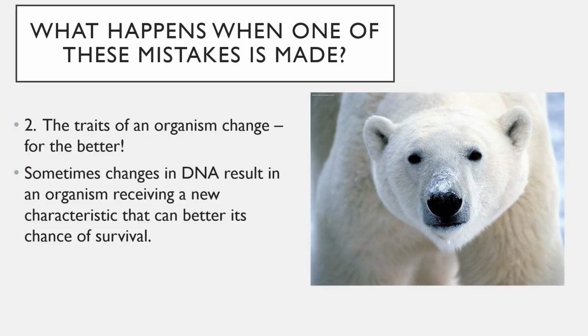Okay? For example, polar bears never used to be all the way white. They used to be brown. They deviated from brown bears a very, very long time ago. But when one of the polar bears had this white mutation, that bettered their chance of survival because they were able to camouflage themselves more in the snowy environment.